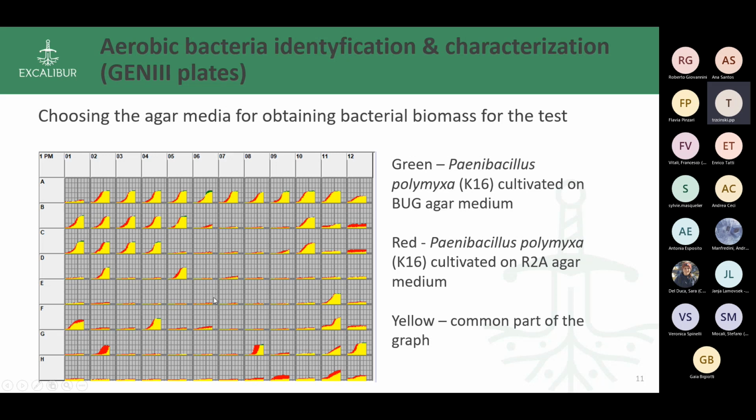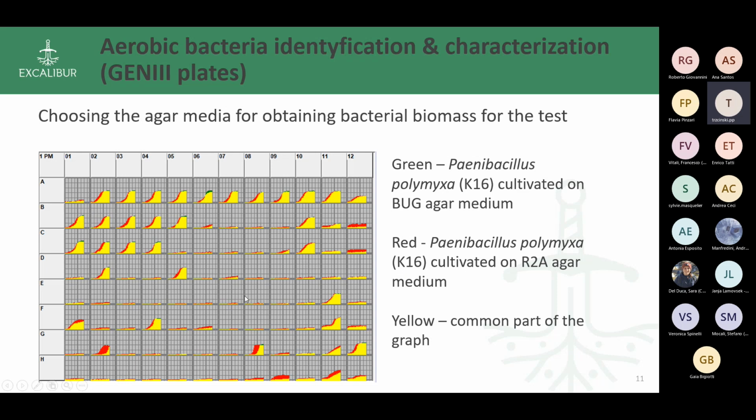For example, here you can see the comparison of metabolic activity of Paenibacillus polymyxa cultivated on BUG agar and on R2A agar. The green part of the plot is from the metabolism of Paenibacillus cultivated on BUG agar. The red one is on R2A agar.